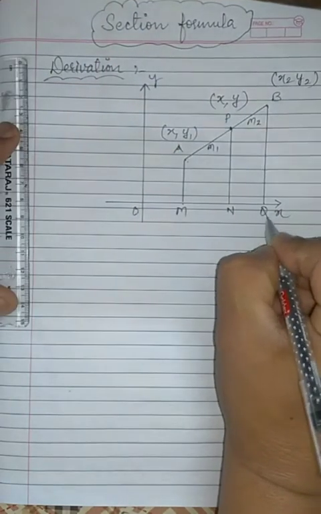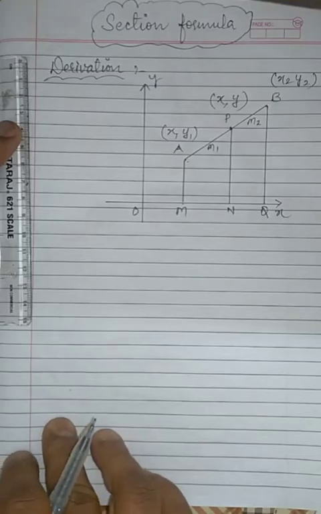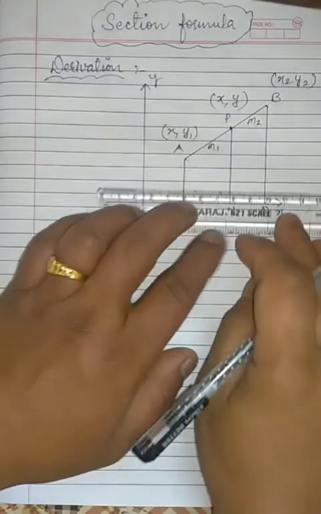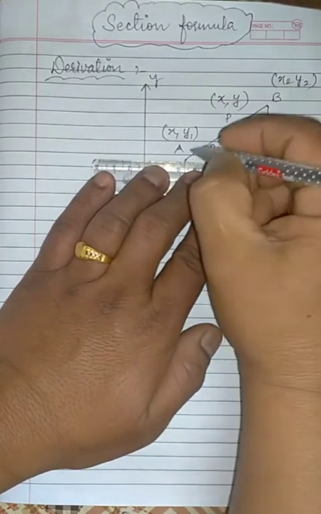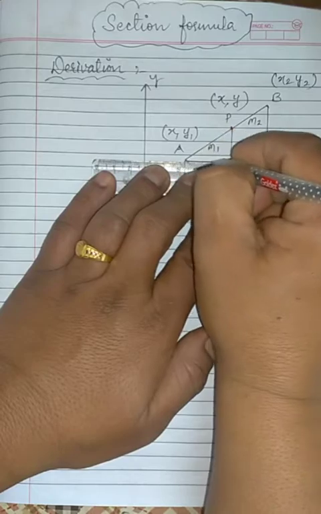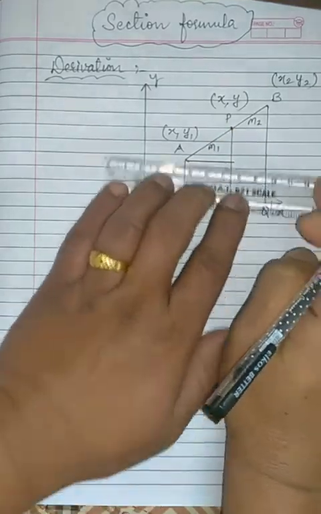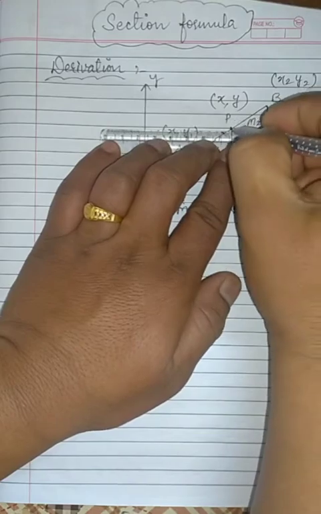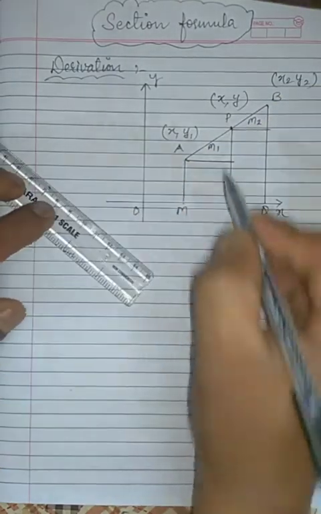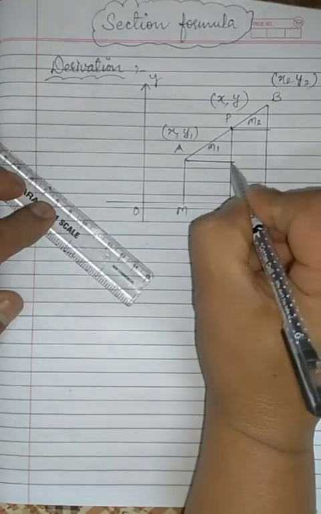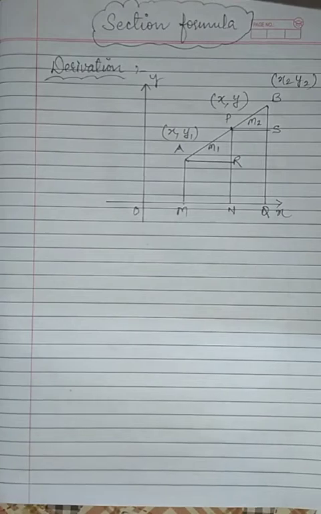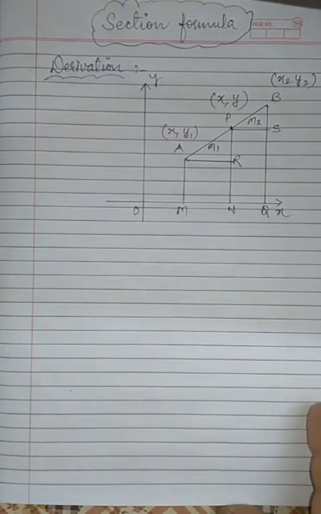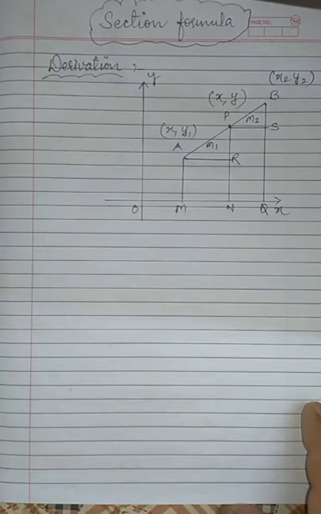Let this be Q. Also, from point A and from point P, draw 2 lines parallel to the x-axis. So you will get 2 triangles. Let this point be R and S. So this is the complete figure for deriving the section formula.